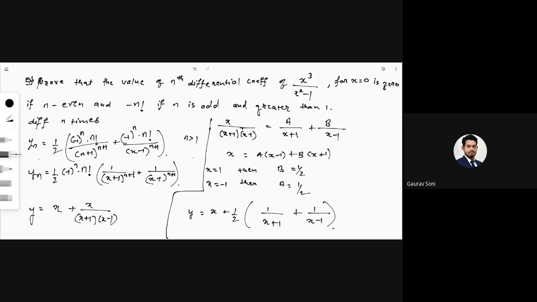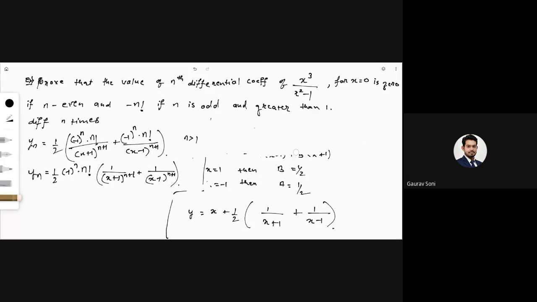Now what I have to show is the nth differential coefficient of this for x is equal to 0. So we will put x is equal to 0. The notation for this is yn at x is equal to 0. Later we will talk about n even and odd.